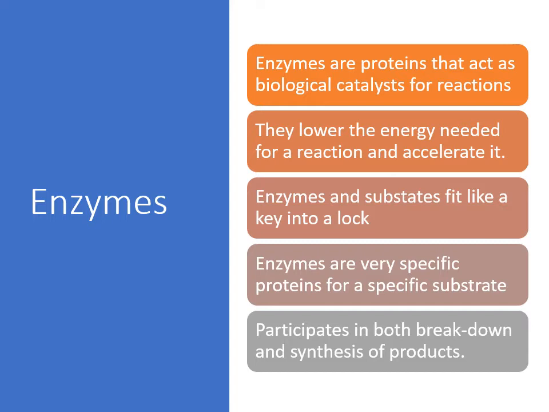Okay, now let me give you an example. You just had a spaghetti dinner. Okay, spaghetti is mainly carbohydrates, which are long strands of sugar molecules. And the spaghetti, which is long strands of sugar molecules called carbohydrates, need to be broken down into simpler sugars in order to be absorbed by the body, because the body can't absorb large molecules of carbohydrates in the digestive tract.